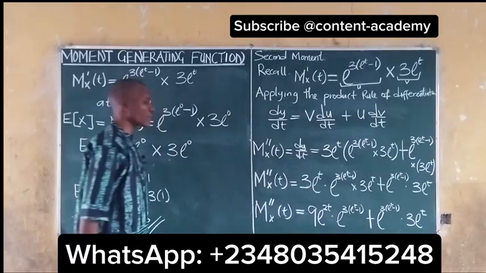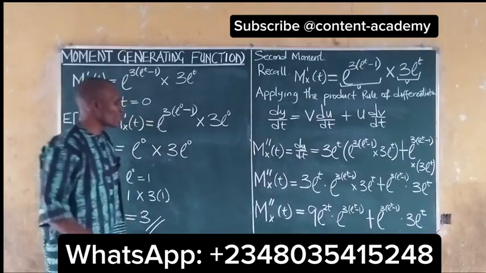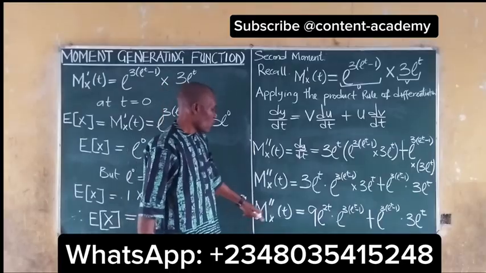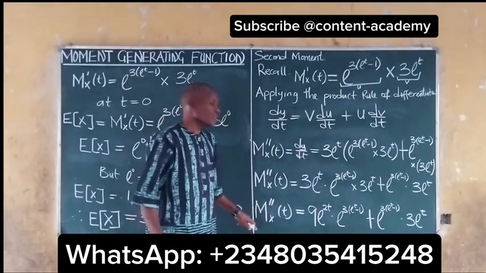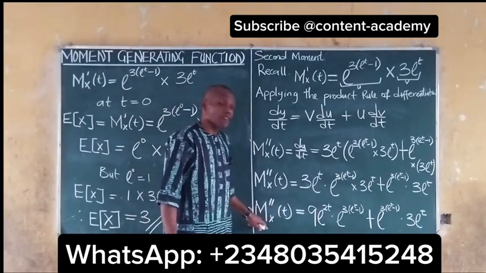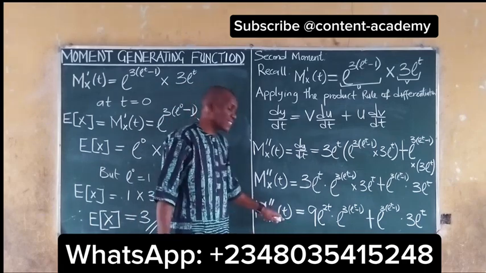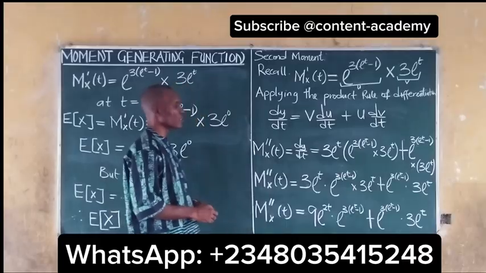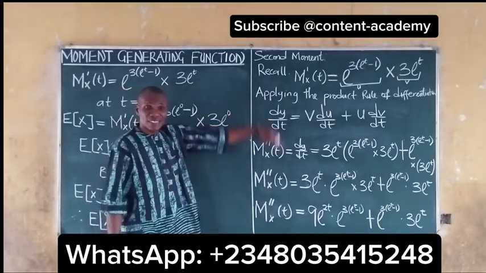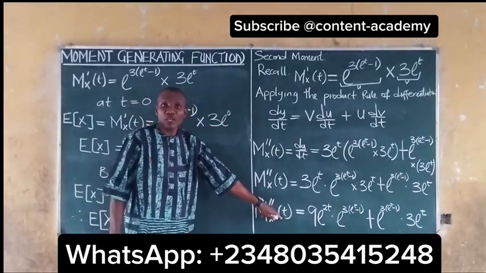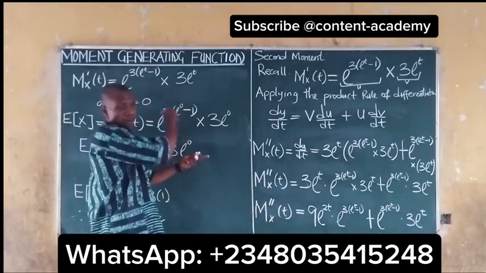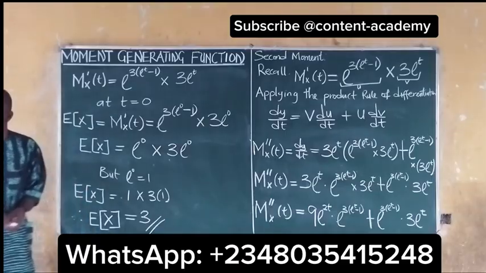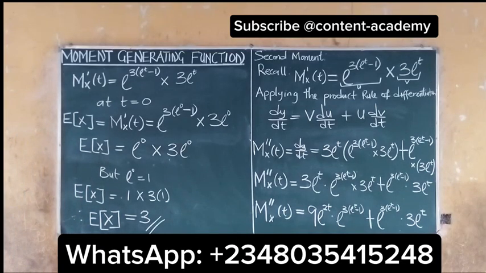So this is what we get. Now, to get the second moment, that is the expected value of x squared, we evaluate at t equal to 0. So we will now move over to this other side of the board to do that.